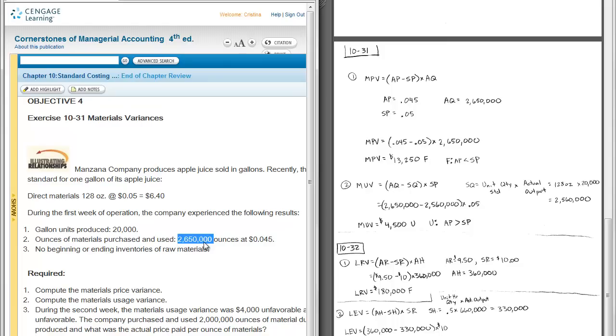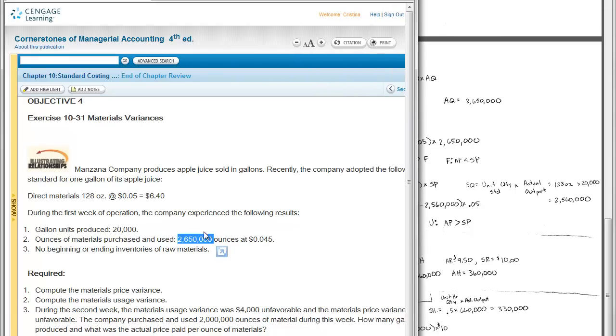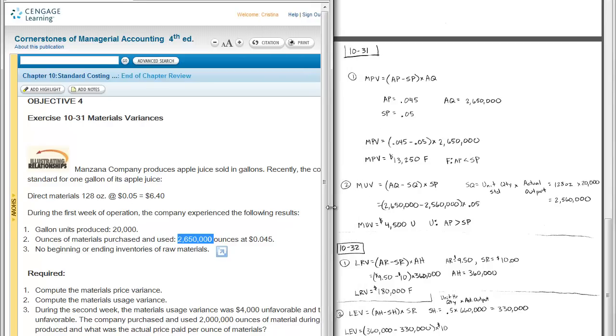We can either grab again this actual quantity, or we know that we use that in the problem above, so we can plug that in, 2.65 million. The standard quantity, you'll notice that that number, 2.56 million, does not appear in the problem here. So we actually have to make an additional calculation here.